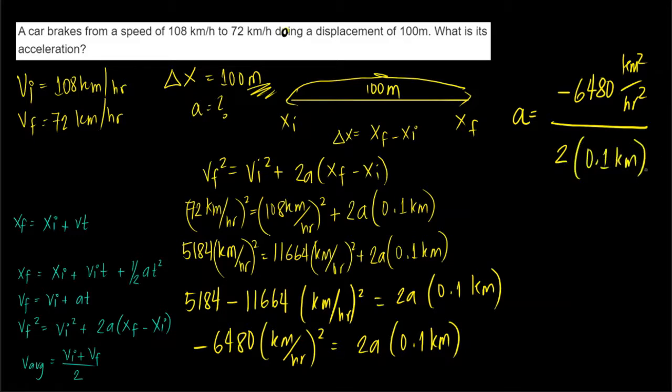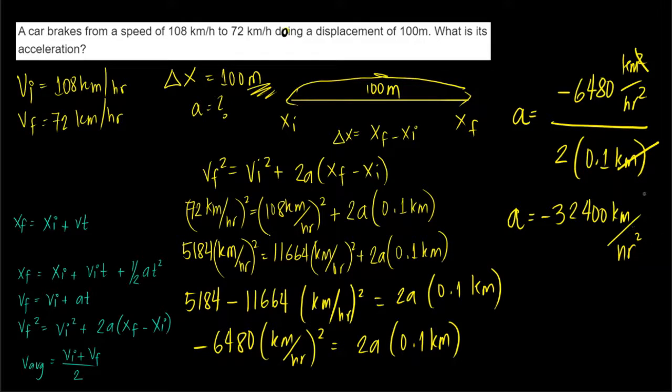The kilometers cancel one, leaving kilometers per hour squared. So, our a is negative 6480 divided by 2 times 0.1, that is negative 32,400 kilometers per hour squared.